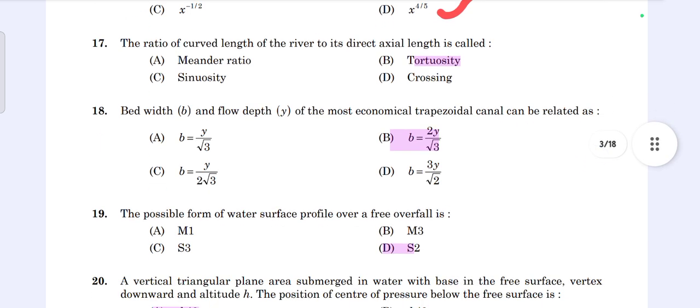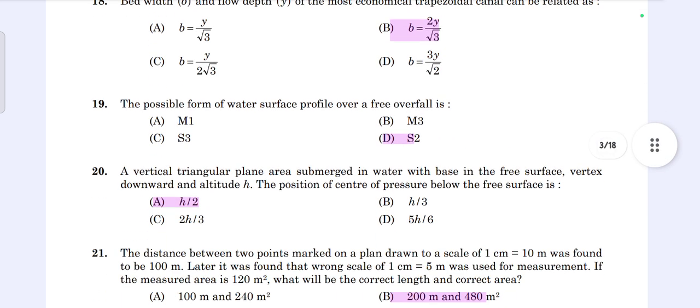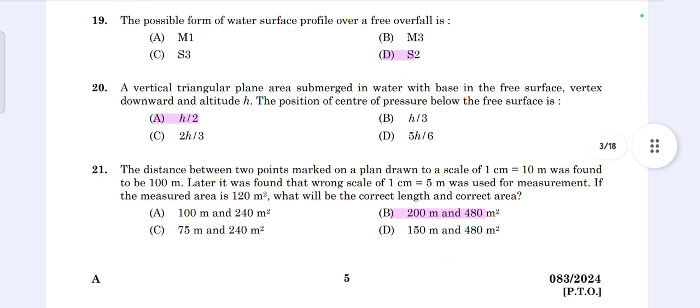Bed width B and flow depth Y of the most economical trapezoidal canal can be related as B is equal to 2y by root 3. The possible form of water surface profile over a free fall is S2. Vertical triangular plane area submerged in water with base in the free surface, vertex downward and altitude h. The position of center of pressure below the free surface is h/2.